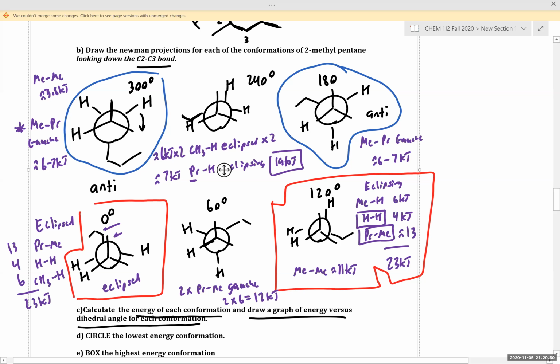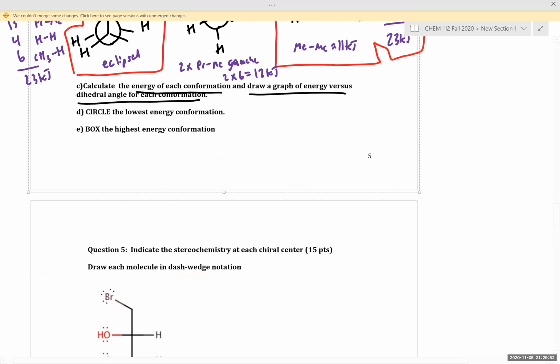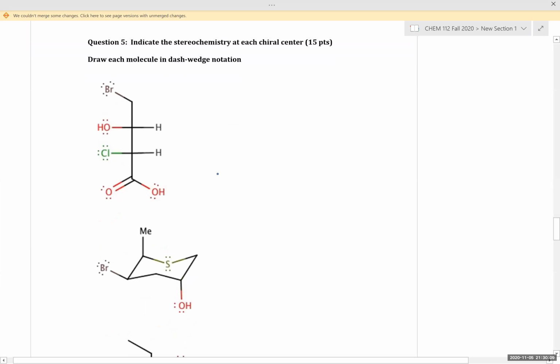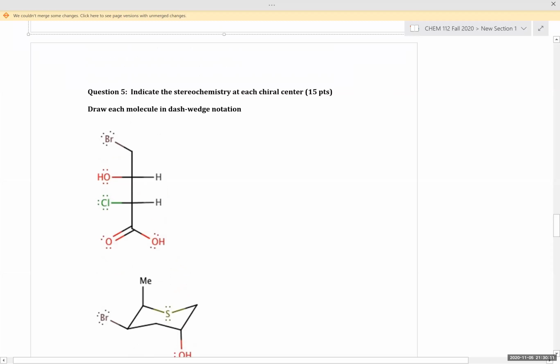Okay, so let's look at the next example in this exam. In this case, we're asked to indicate the stereochemistry at each chiral center and draw each molecule in dash wedge notation. First things first, we're dealing with a Fischer projection. So let's convert the Fischer projection into a dash wedge projection.